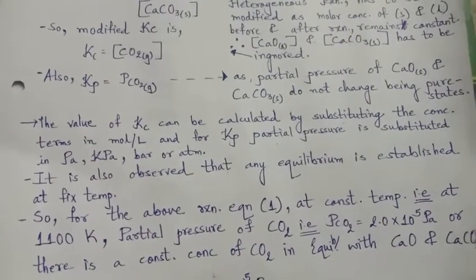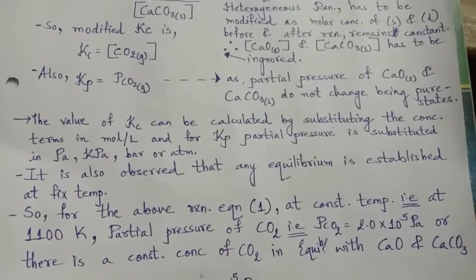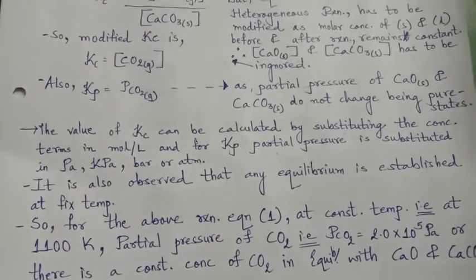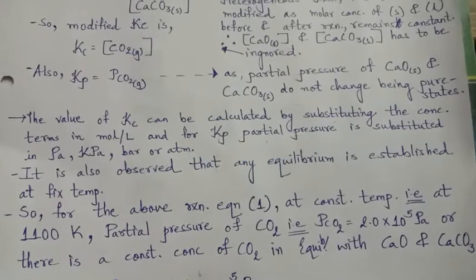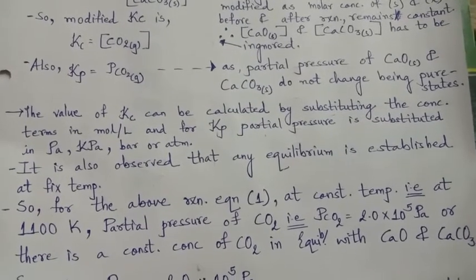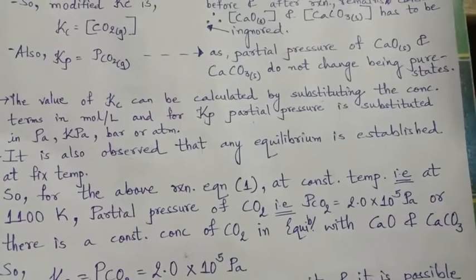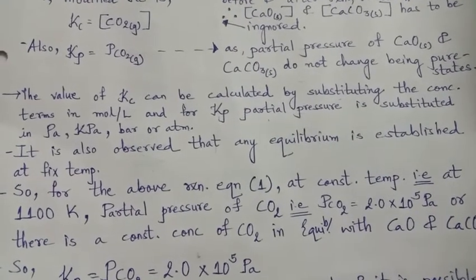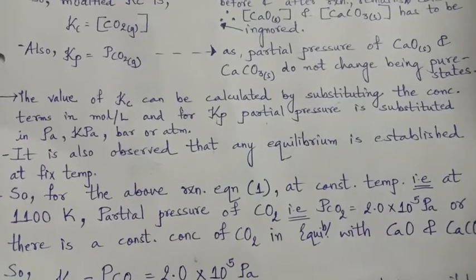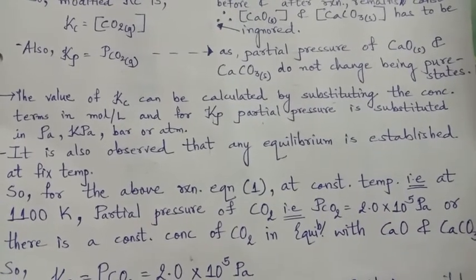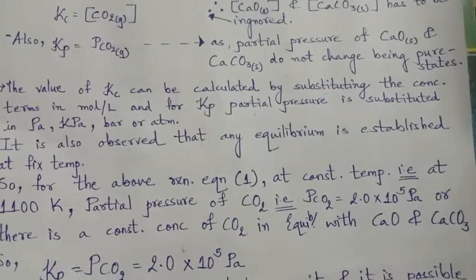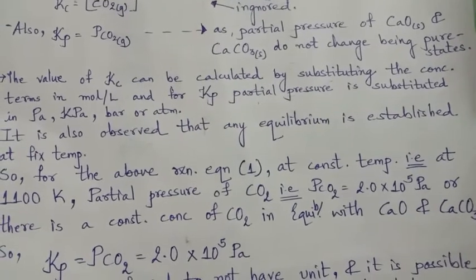It is also observed that any equilibrium is established at a fixed temperature, because if the temperature keeps on varying, increasing, decreasing, then the reactants and the products will not attain equilibrium. With the increase in temperature, the rate of reaction increases. With the decrease in temperature, the rate of reaction decreases.